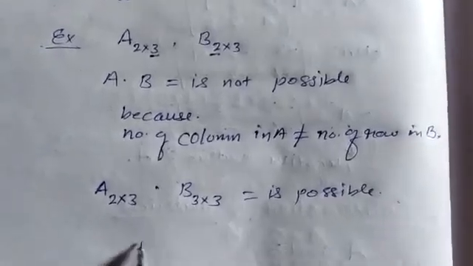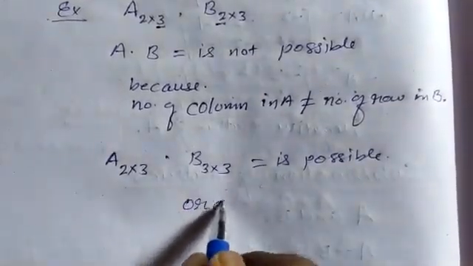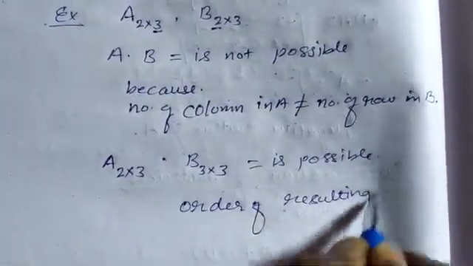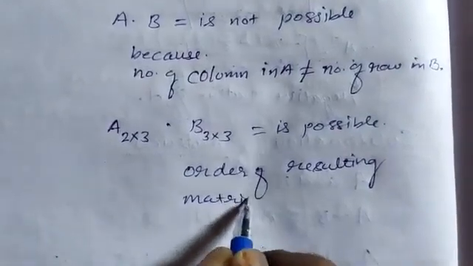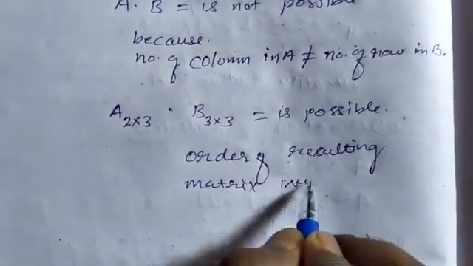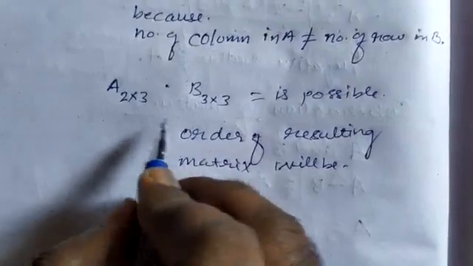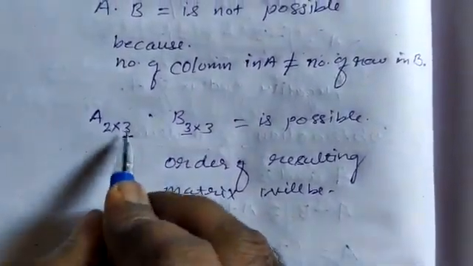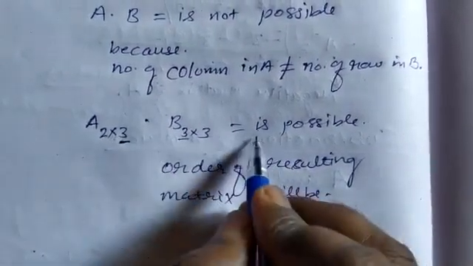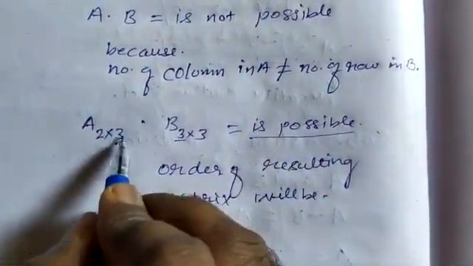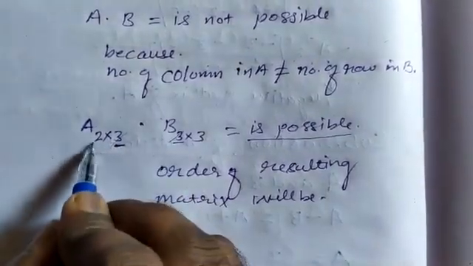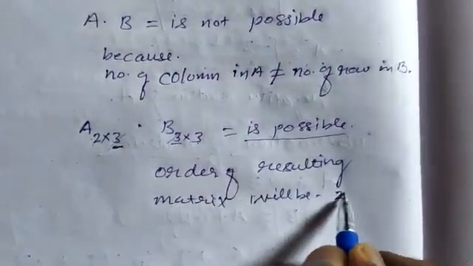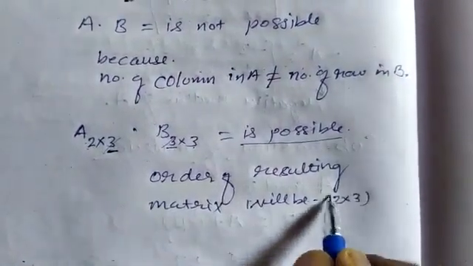Here the number of columns is 3 and the number of rows is 3, both are equal. It means multiplication of these two matrices is possible. If we cancel both, then you will get 2 and 3. It means the order of the resulting matrix will be 2 cross 3.